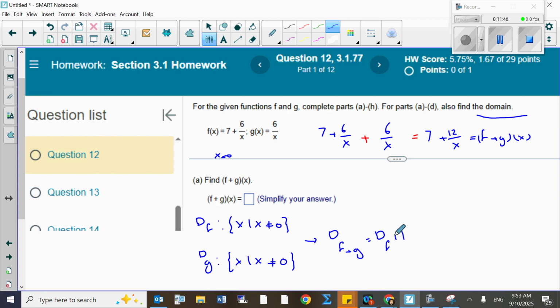That means whatever is in common between them, the domain of g. Since they are both the same, the domain of f plus g will be again all x values such that x is not equal to 0.